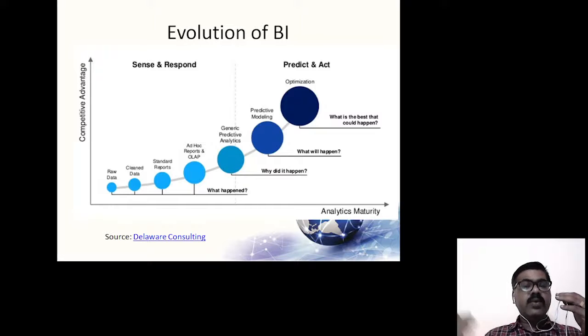Afterwards we moved to a higher level called predictive modeling, which says what will happen in the future. And optimization is the main and important thing. The optimization tells you what is the best that could happen.